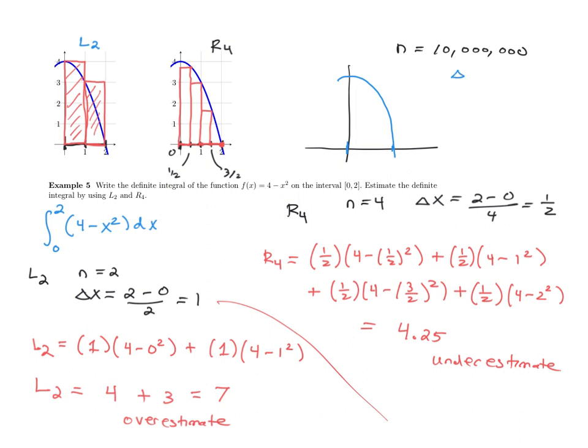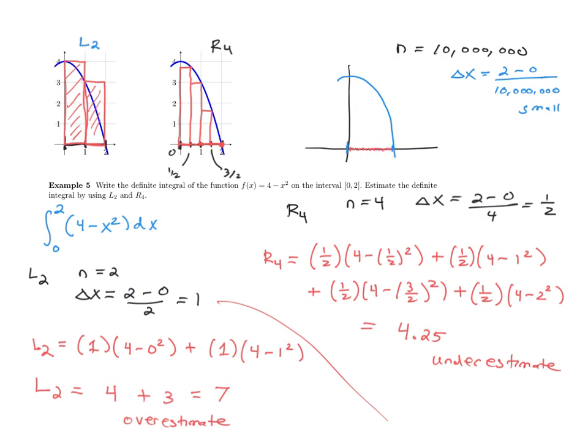This means the base of each rectangle is going to be 2 minus 0 over 10 million. I don't really know what that number is, but I know it is small. In fact, if you try to draw this in here, each rectangle is basically going to look like a straight line. So you're dividing this interval into 10 million equal parts.